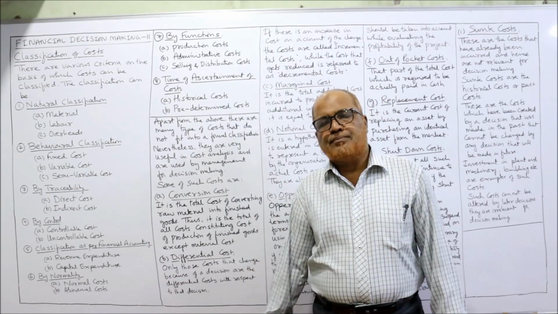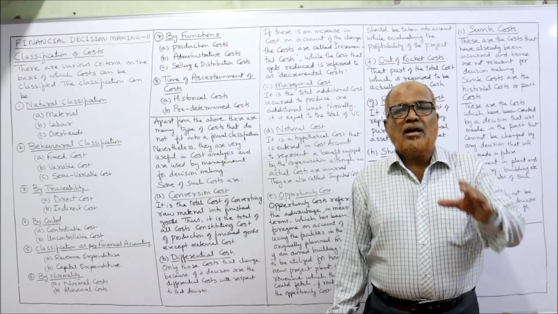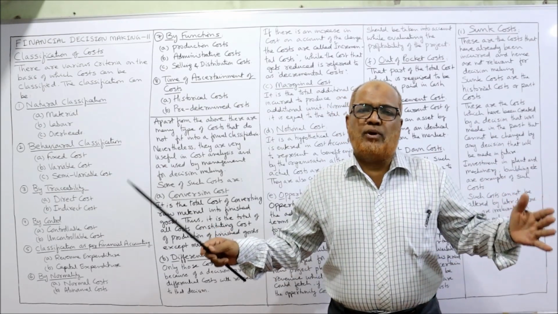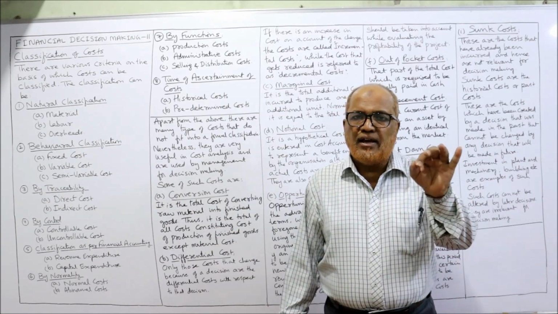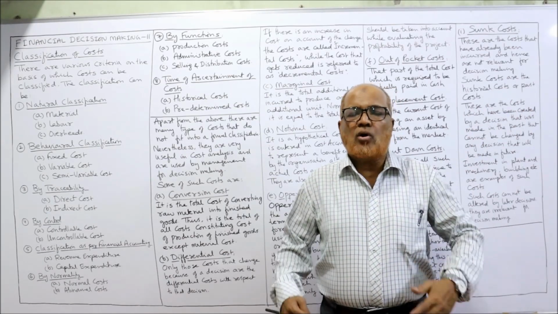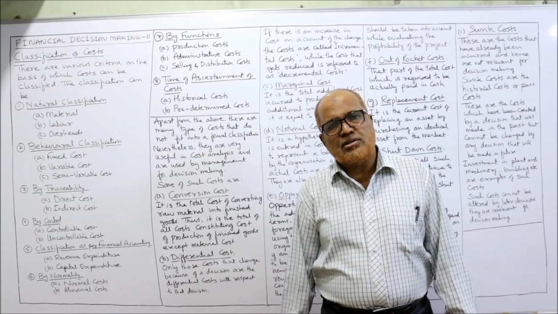Indirect cost is the cost which is commonly incurred on all the products produced, not specifically incurred on a particular product, but incurred on all the products. That common cost is called indirect cost.